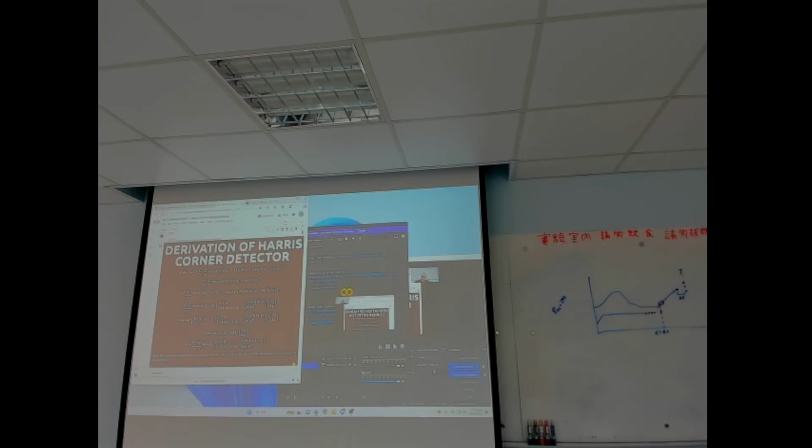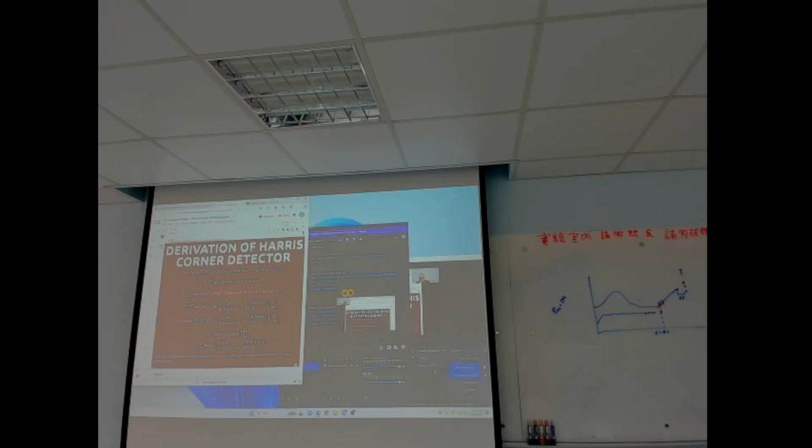If you actually expand this matrix equation, you end up with exactly this one here, right? Because you get delta x multiplied by Ix squared plus delta y multiplied by this term, and then that multiplied with delta x gets you the delta x squared Ix squared, and the two cross components.